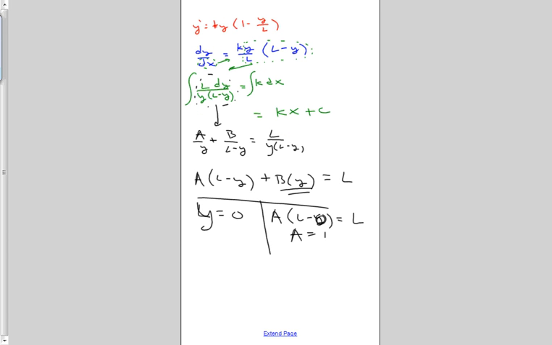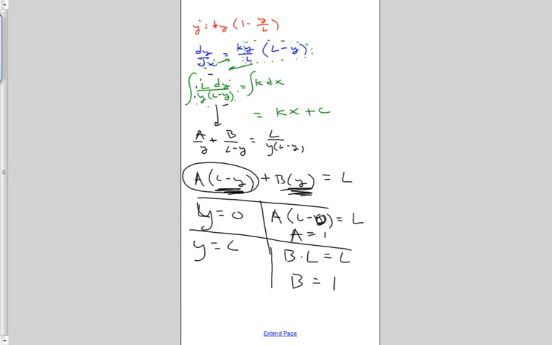Now, that was when this was 0. Now we need to look at that being 0, so we look when y equals L. And when y equals L, the left-hand side will be 0, this will be 0. So we're just going to get B times L equals L. So B must be 1.